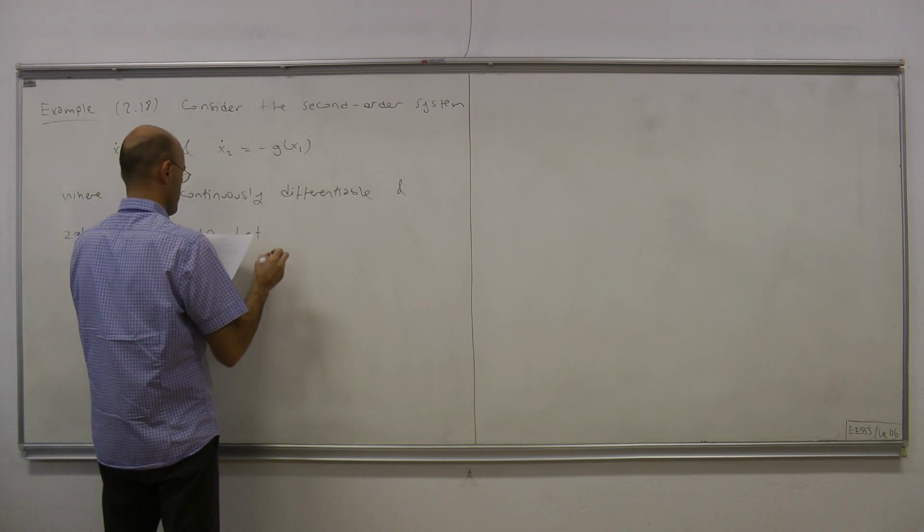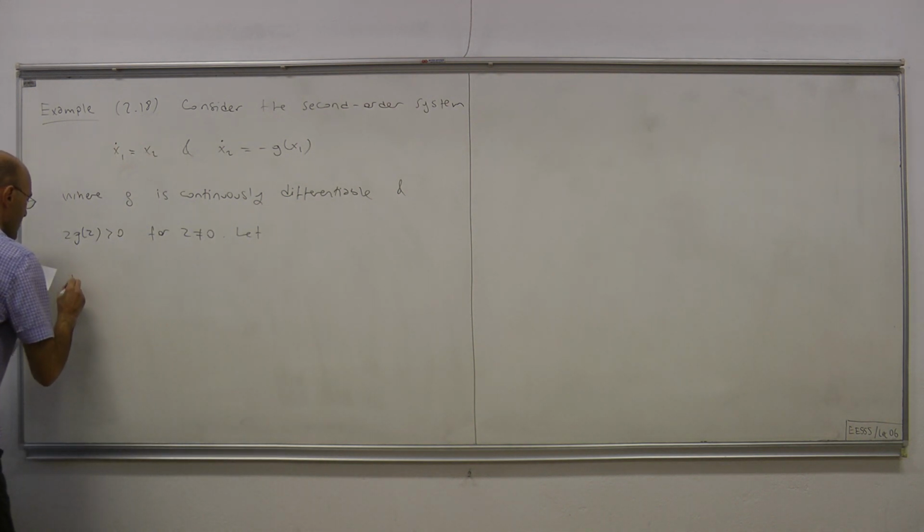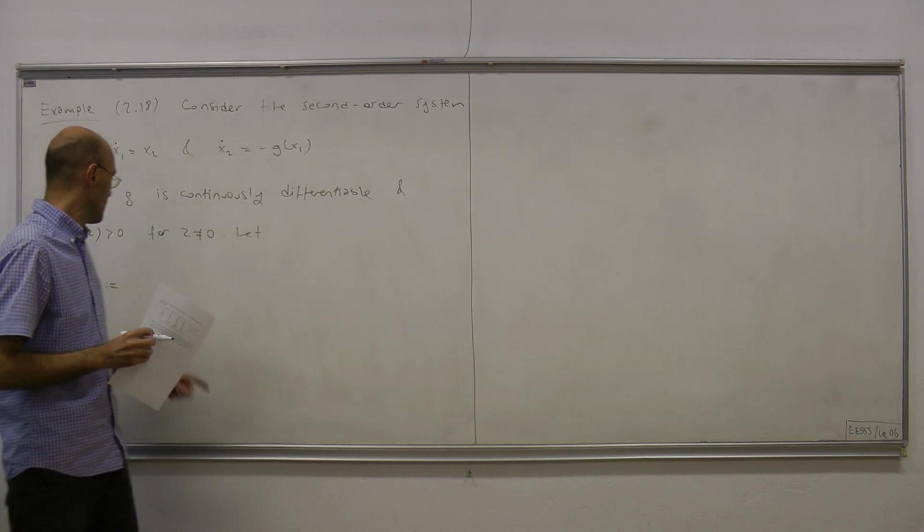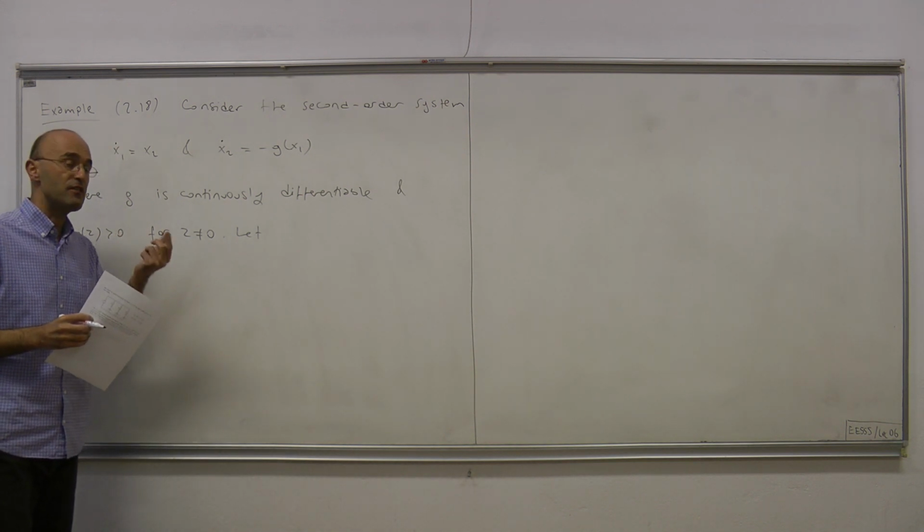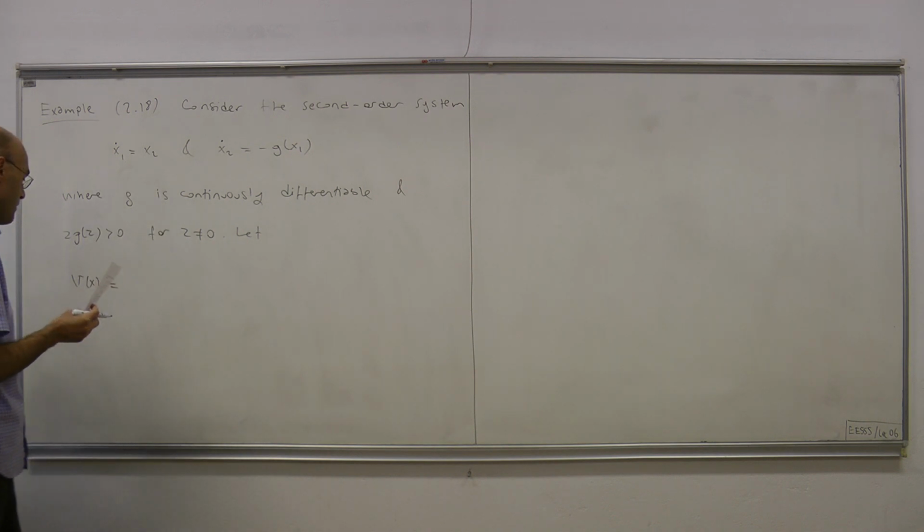So let V of x, a function where x is our state vector, x1 and x2, that pair.